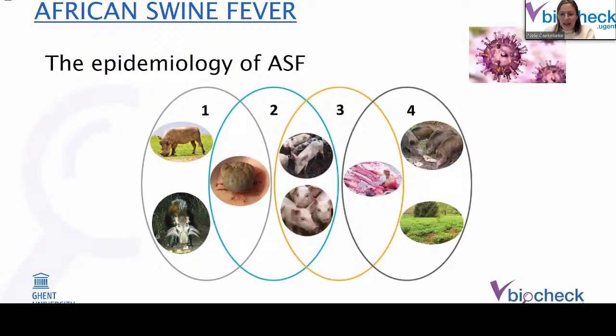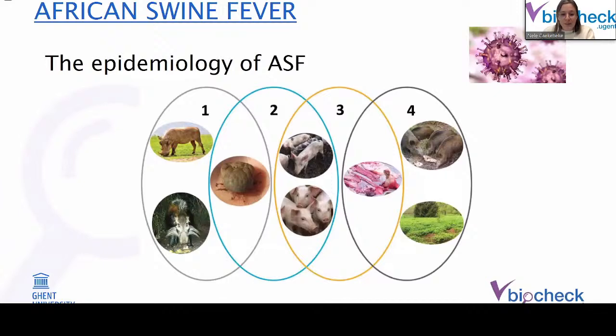In that way, it can transmit to domestic pigs, but those natural reservoirs are not necessary at all times. For example, in the most recent events in Europe, the tick has no function whatsoever. So it is still possible for the disease to be transmitted without those natural reservoirs.